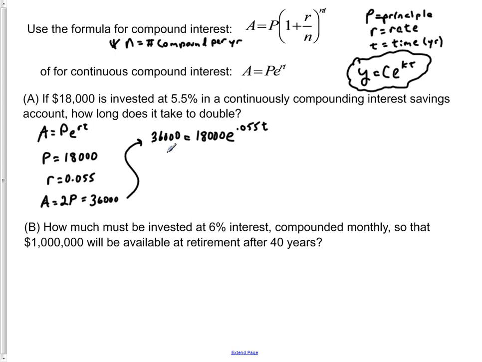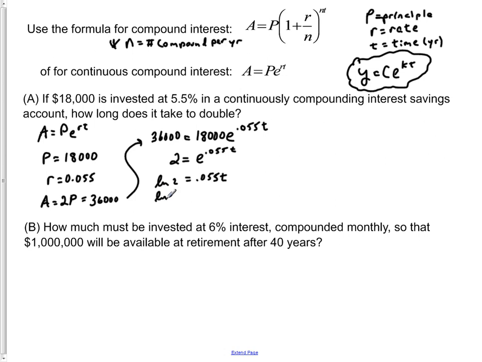Because if we divided both sides by 18,000, we're going to get 2 equals e to the 0.055 times t. And of course, specifically, we would take the natural log of 2 to get our t term by itself. So 0.055 times t is the natural log of 2.